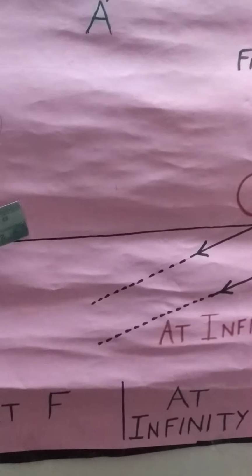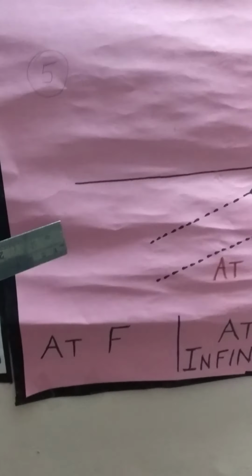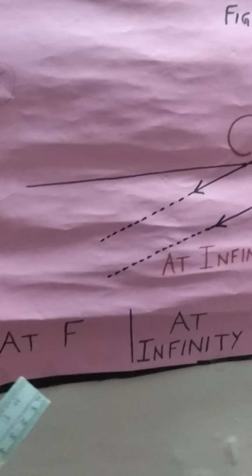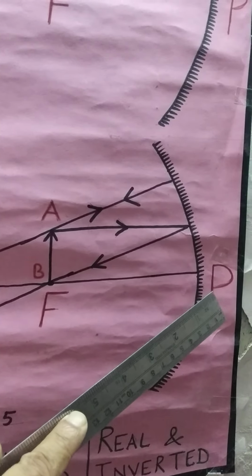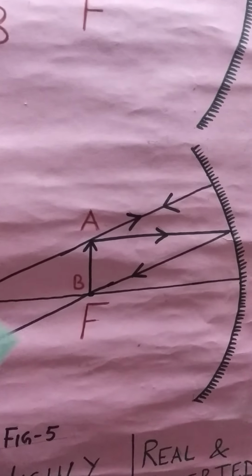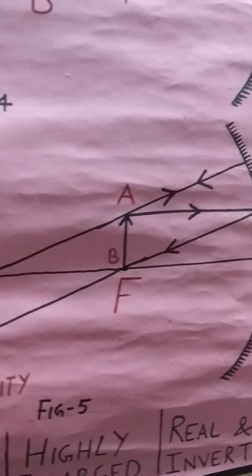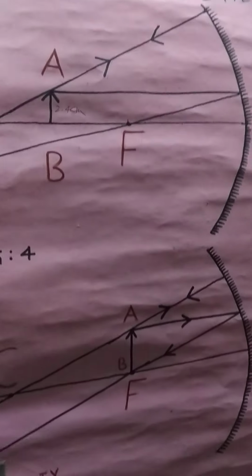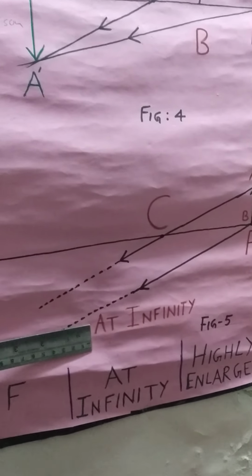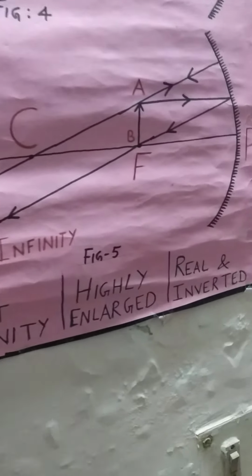And when the distance between pole and object is smallest, the size of the image is largest.